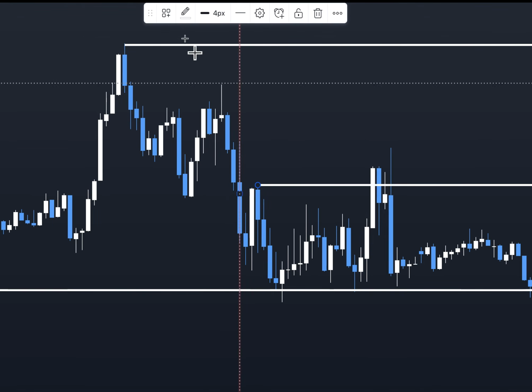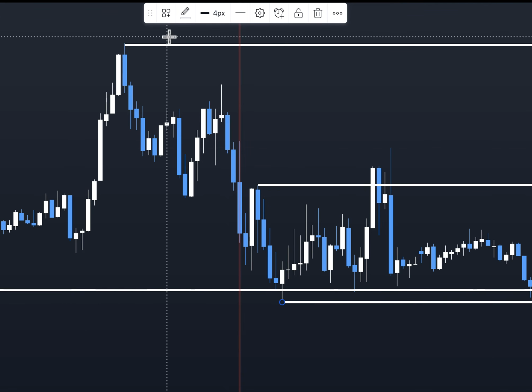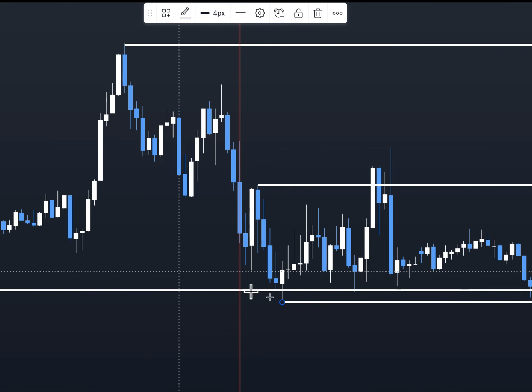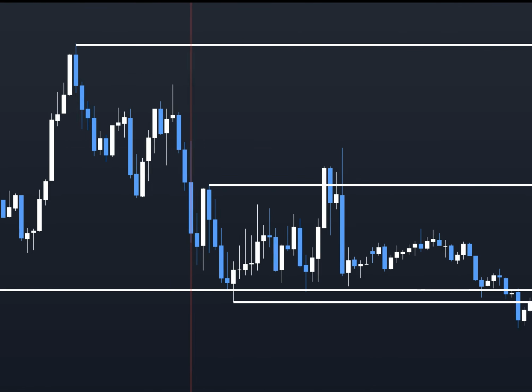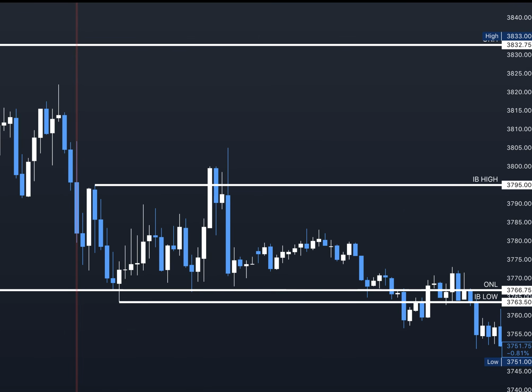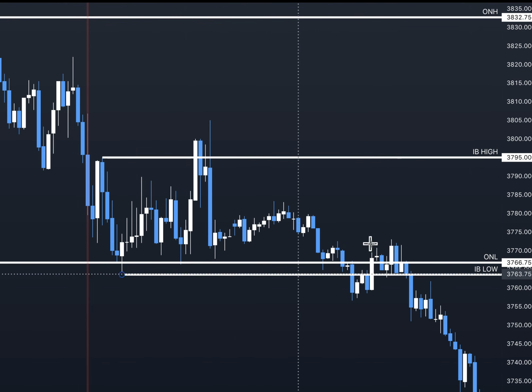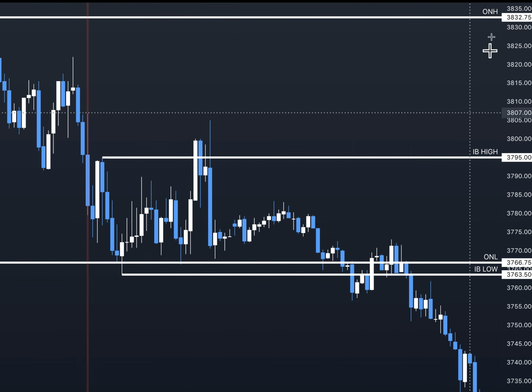IB high. And then I'm going to put this one here as the IB low. IB low. That way I know what I'm looking at. In fact, let me just move this over here so you can see my writing, because we got the overnight low, the IB low, IB high, overnight high.